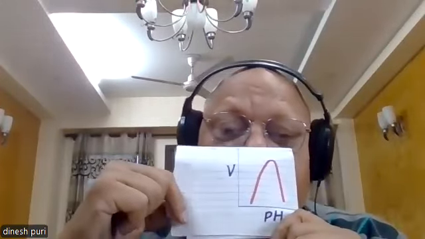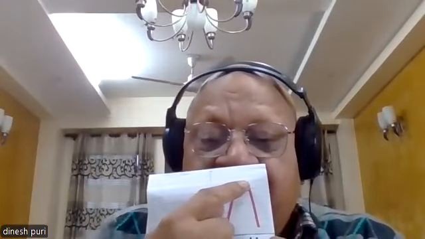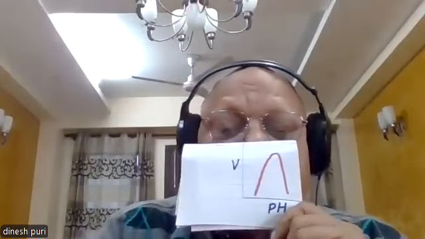At this pH, the enzyme activity is maximum. The velocity is maximum. But as you can see here, a slight change in the pH on the higher side or lower side results in a very sharp fall in the enzyme activity.